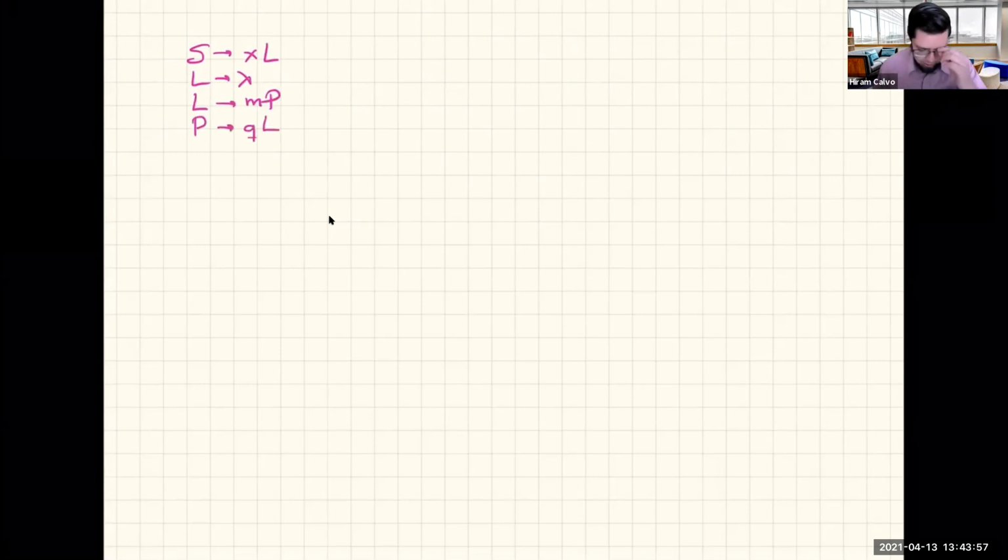Whenever we have a grammar which says, for example, X to L, L to lambda, or even this one, L to M, P to P, Q to L, something like this.